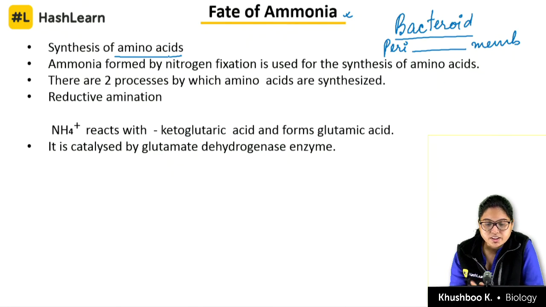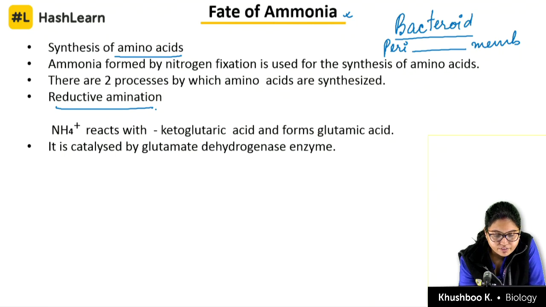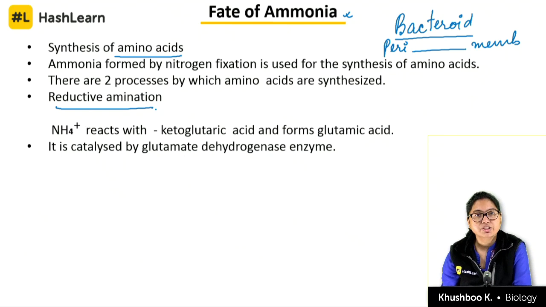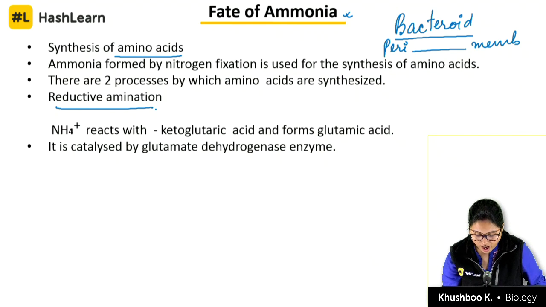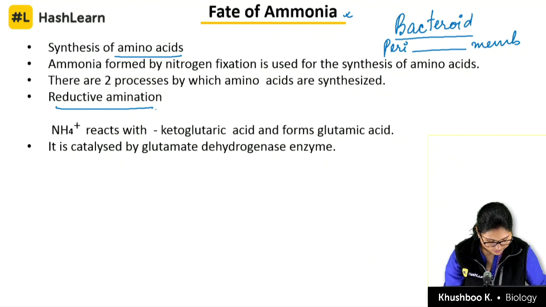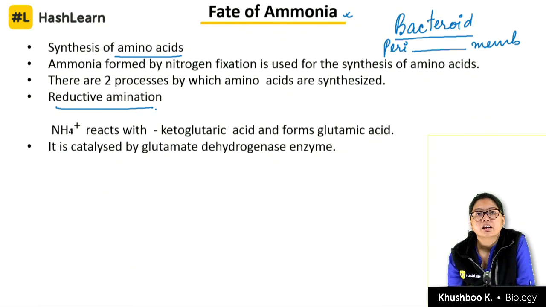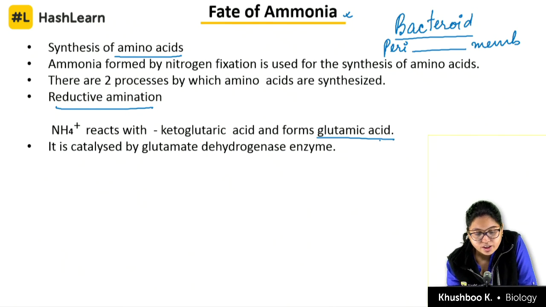There are two processes by which amino acids are synthesized from ammonia. The first one is reductive amination. In reductive amination, the ammonia reacts with alpha ketoglutaric acid and forms glutamic acid.